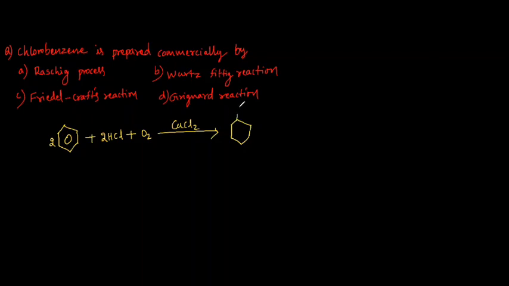This is commercially prepared by the Raschig process. Chlorobenzene is formed in this method. The right answer is option A.